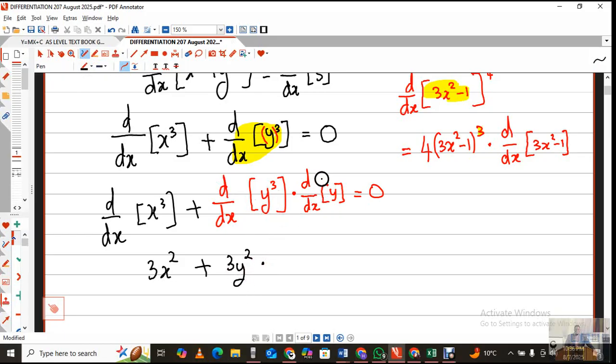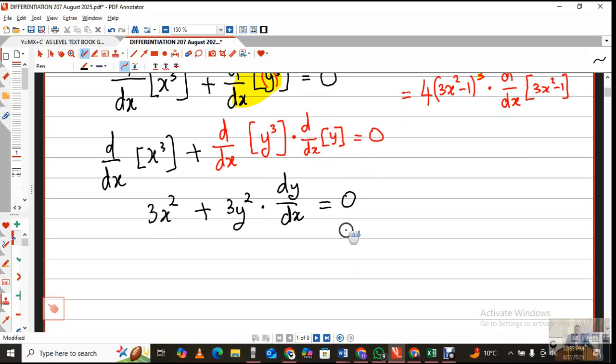But now do you see you have d by dx of y, which is the same thing as dy/dx, because the derivative of the stuff inside is d by dx. So that's what you have over here, of course equals 0. Now you can actually continue.